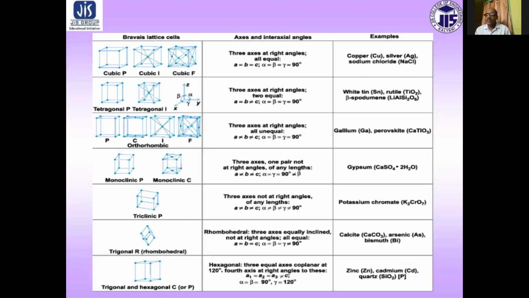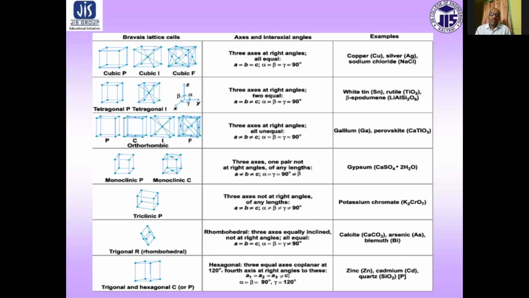For example, gallium, we can find this type of orthorhombic structure in this element. Next is monoclinic, where P type and C type can be found, for example in gypsum.